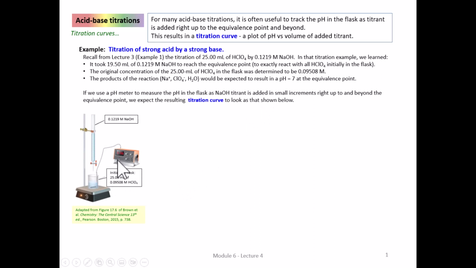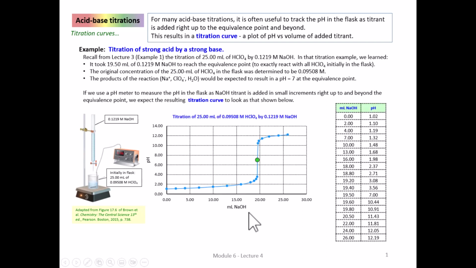Now, if we use a pH meter during our titration and monitor the pH after each small addition of titrant, we can plot a titration curve. For the titration of this strong acid by strong base, the titration curve would look like this. So what do we have?